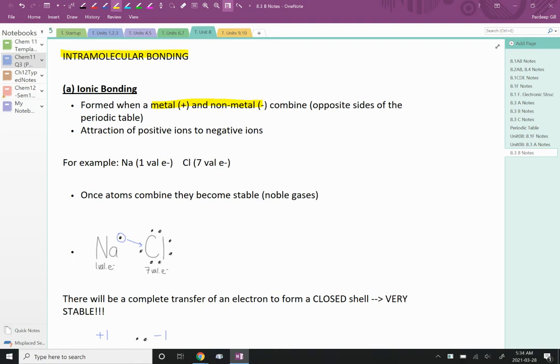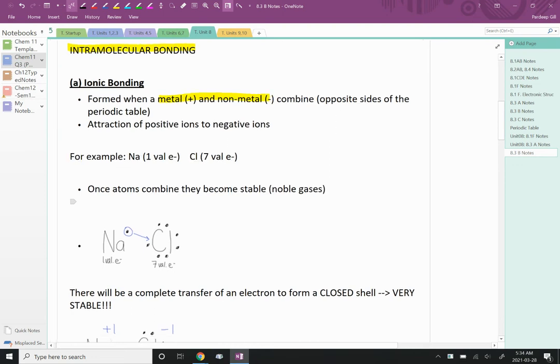The reason you have a positive ion is because one of the elements in the compound has given its electron away to the other element. So here sodium gives up one electron to chlorine, which then has 8 electrons outside it, and it's considered stable.